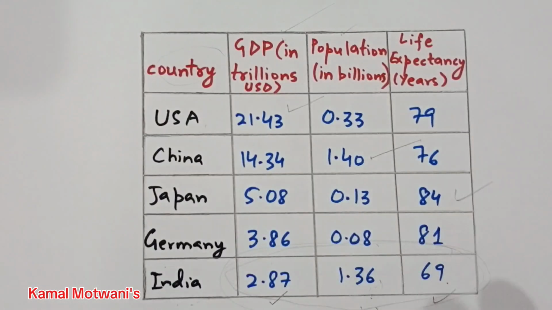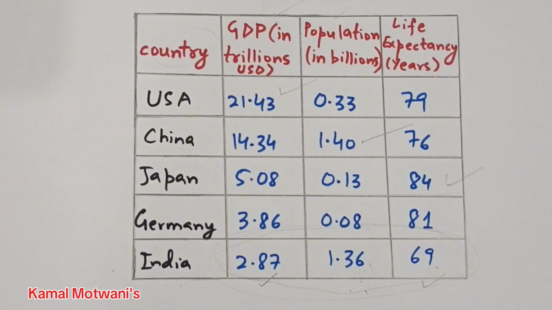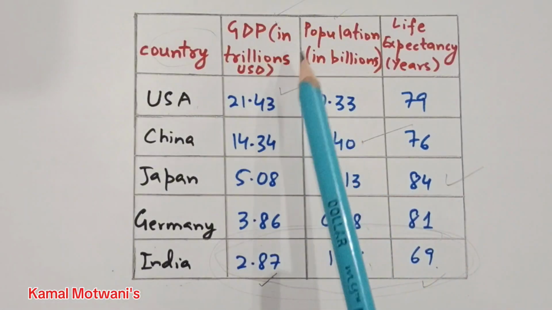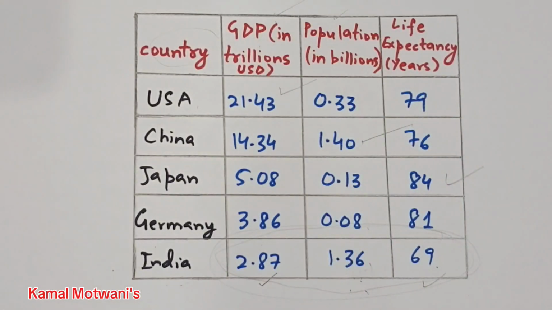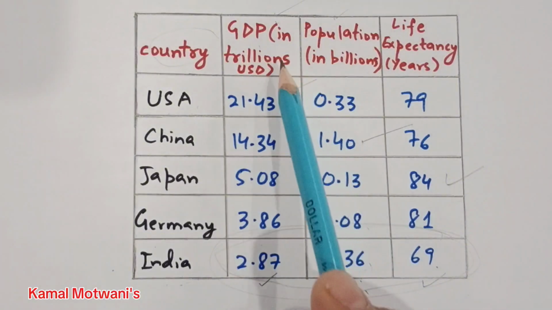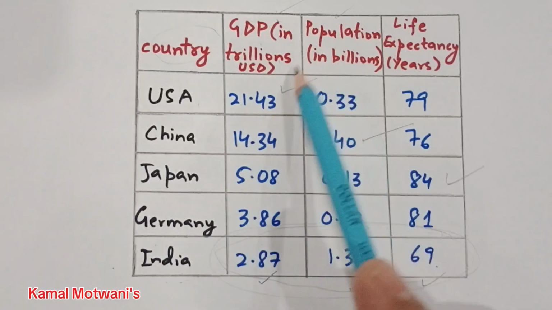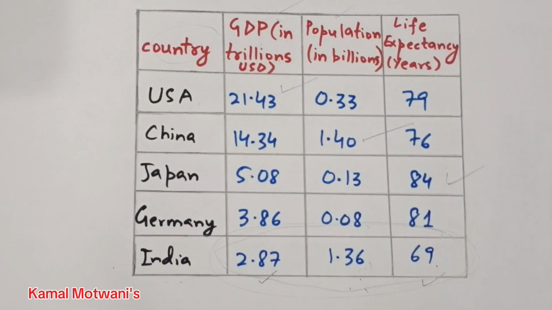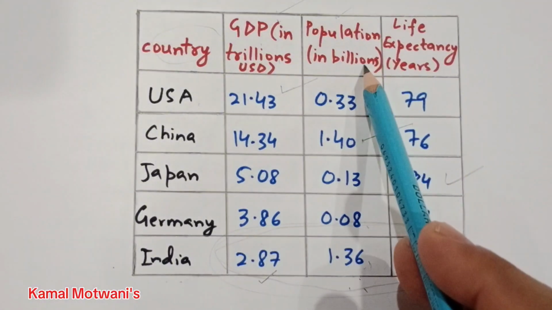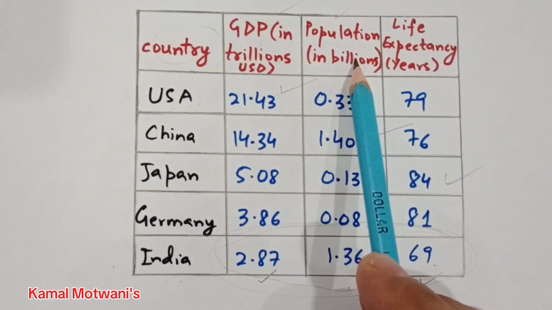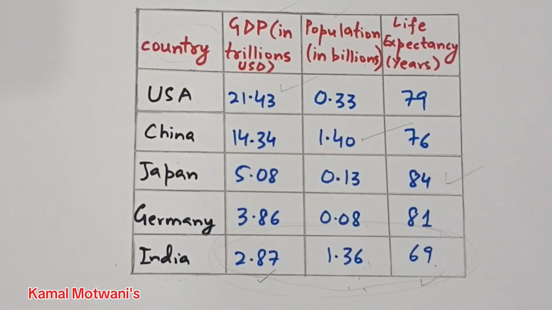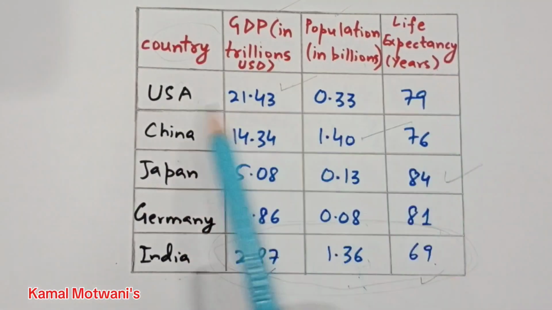Now it totally depends on a candidate, while explaining the paragraphs in the body of the IELTS writing task 1, whether a candidate can dedicate a separate paragraph to GDP with respect to USA, China, Japan, Germany, India, like this, and write the second paragraph on the population, explaining the population with respect to these countries, and the third paragraph on life expectancy with respect to these countries.